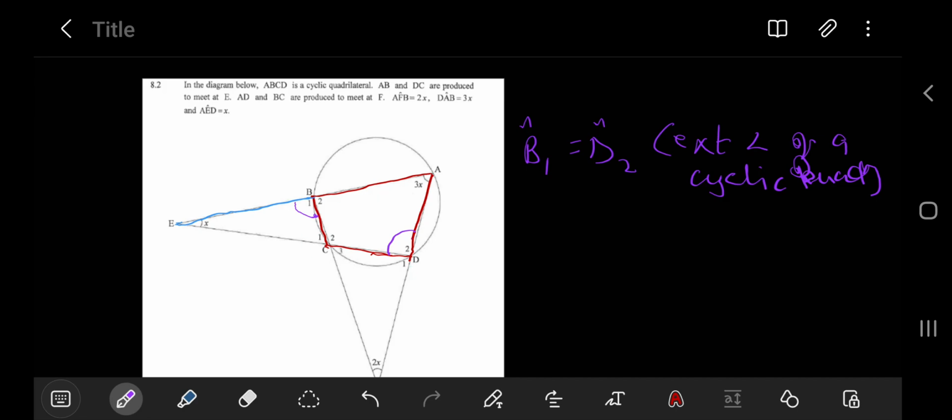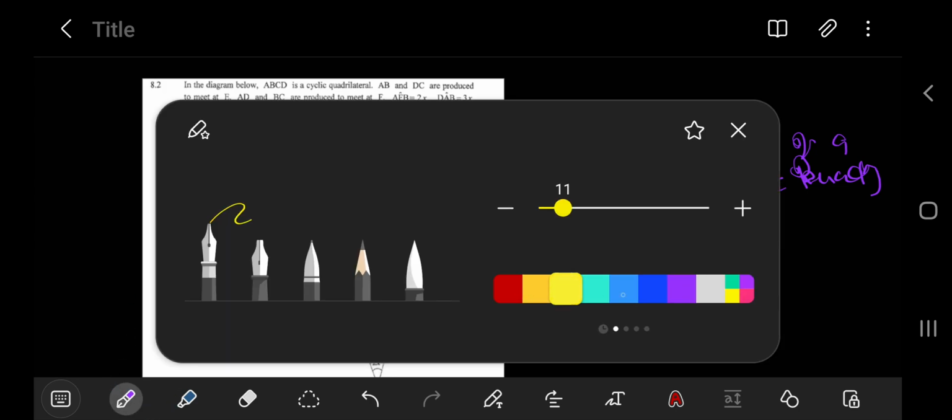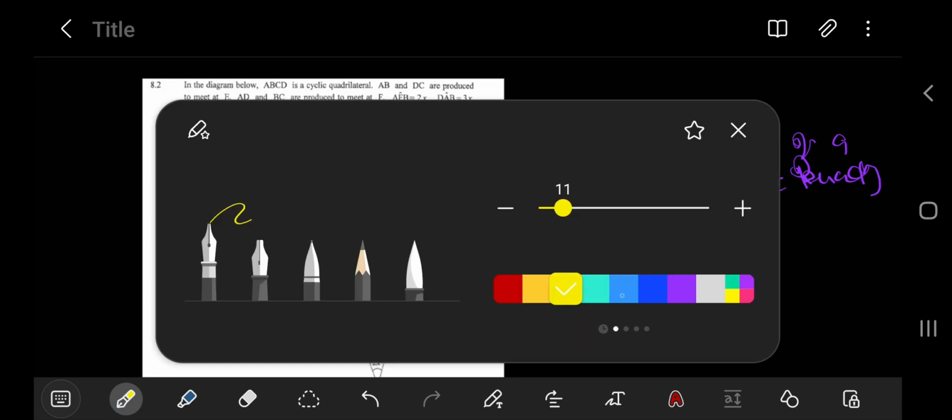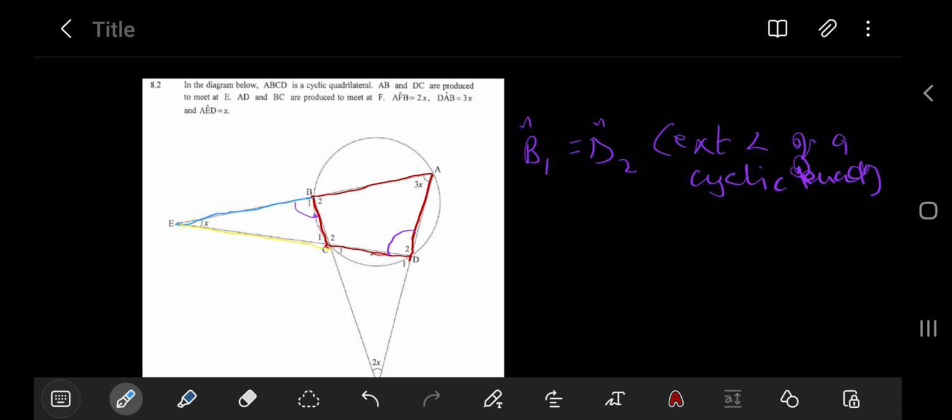But they also said DC also is produced to meet at E. Okay, so even this line, which is DC, is produced to meet at E. So the fact that it is produced, we can also have an exterior angle, and that is our exterior angle down there. That angle should be equal to the opposite interior angle up there.